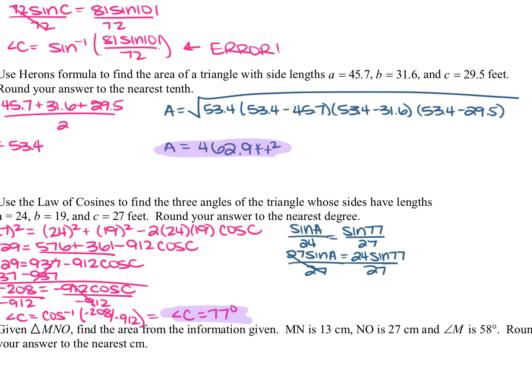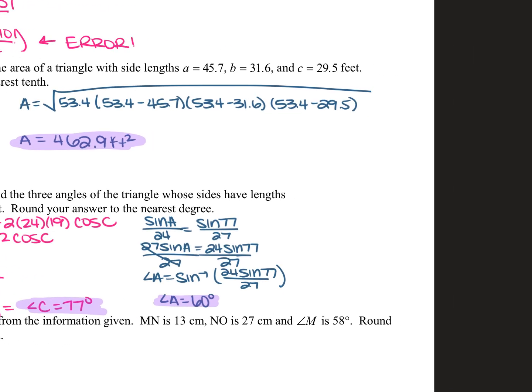Use your inverse sine of 24 sine 77 over 27. And that gives you an angle A equaling 60 degrees. Lastly, you're just doing angle B by subtracting the two angles that you have from 180. So 60 plus 77, take that, subtract it from 180, and you should get an angle B equaling 45 degrees.